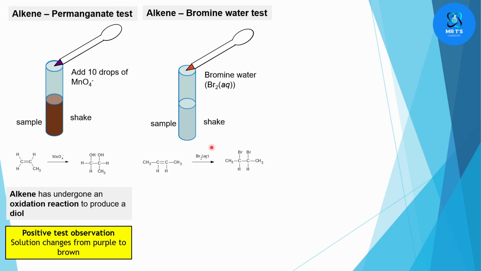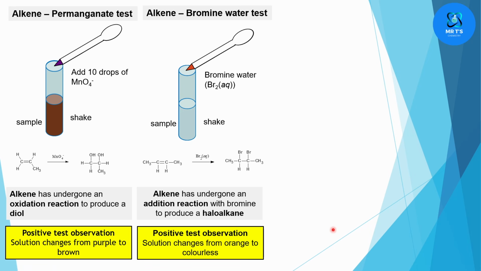The 2 bromines from the bromine molecule, the double bond breaks, and then they add to the carbons that were part of the double bond. So we get 2 bromines added. Now this has undergone an addition reaction to produce a haloalkane. And this bromine water test is a positive identification for an alkene as the solution changes from orange to colorless.